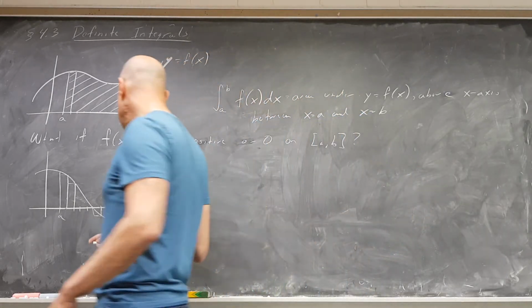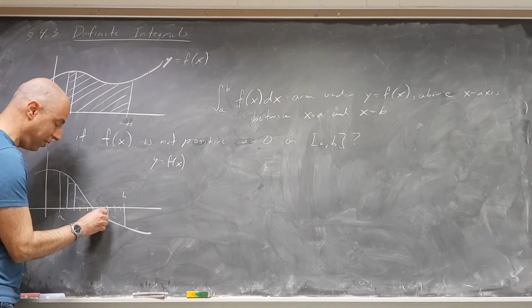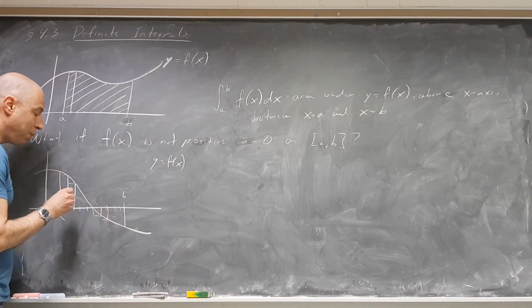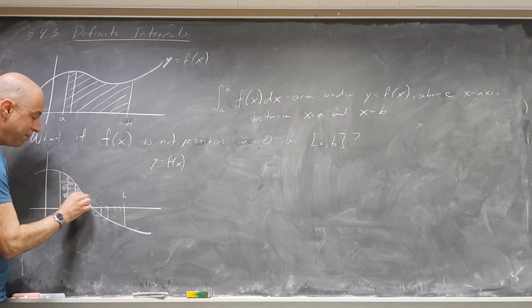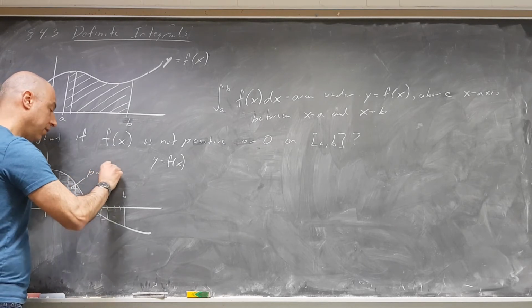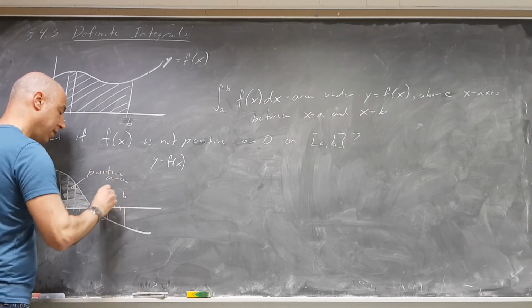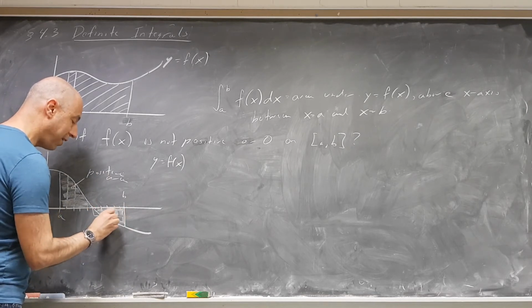And so it turns out that the area of this rectangle is going to count as negative. Same with this rectangle over here, it's going to count as negative. And the practical upshot is that when we're computing the area under the curve, stuff above the x-axis counts as positive area. And stuff below the x-axis counts as negative area.